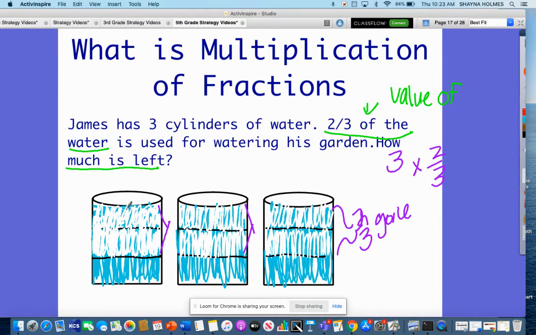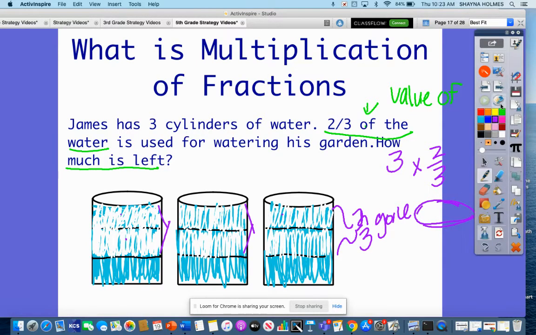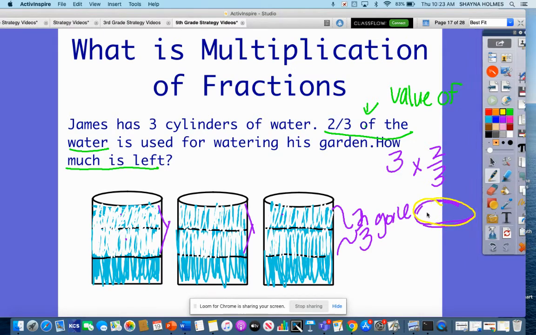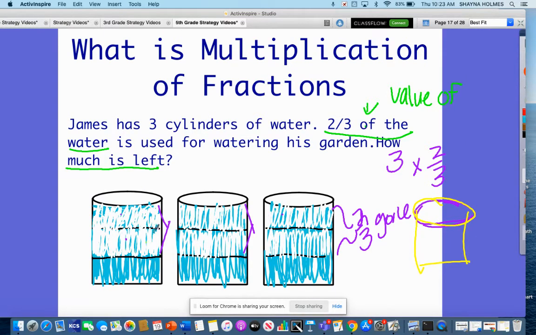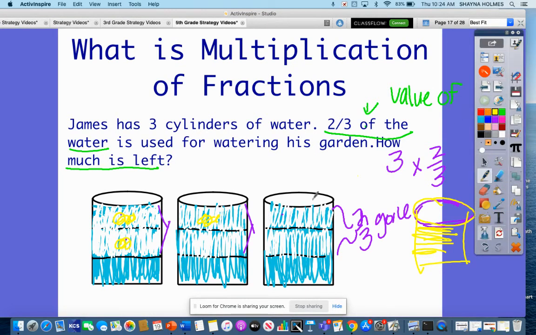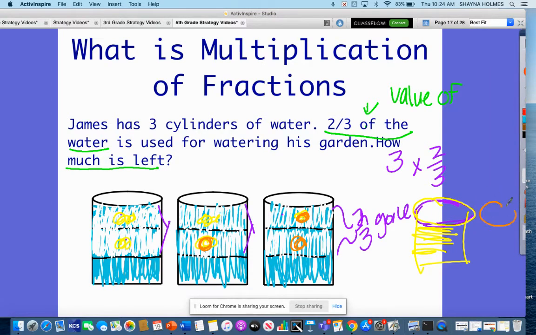If I look at this, I have 2/3, 2/3, 2/3. If I went back and filled up another container, let me use a yellow so we can see it right here, I would have one whole container filled up, because this portion makes another whole. And this third and this third make another container.